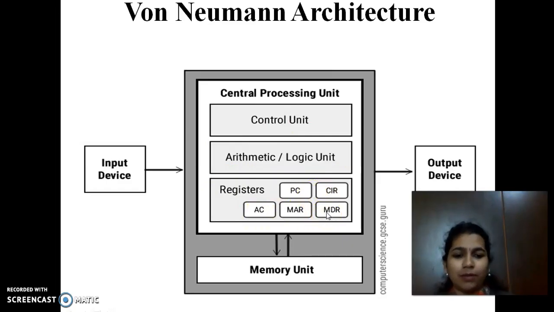PC stands for program counter, CIR stands for current instruction register, AC stands for accumulator, MAR stands for memory address register, and MDR stands for memory data register. I will be explaining these registers in detail in the near future. Right now, just keep in mind that there are basically four blocks in the von Neumann architecture diagram.